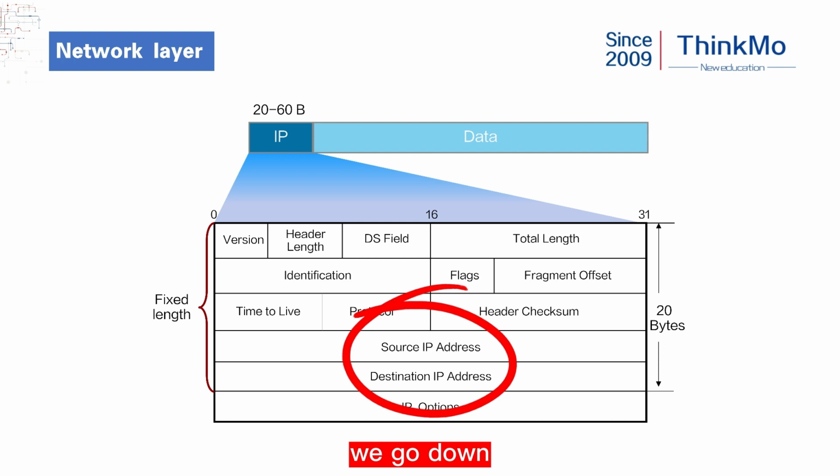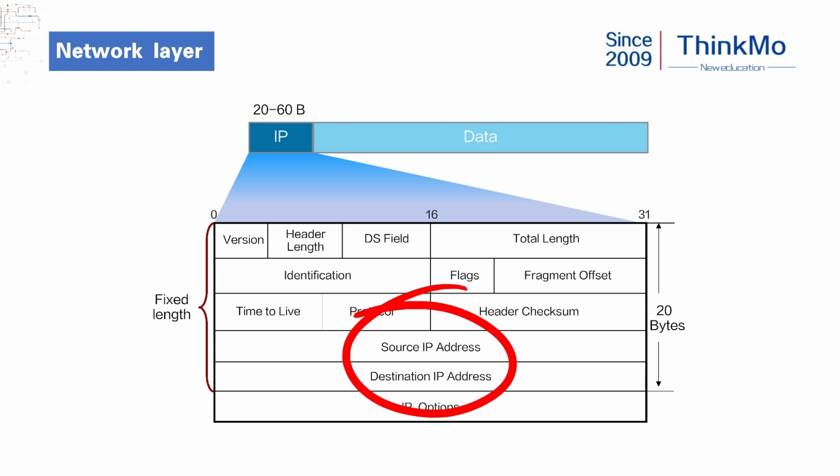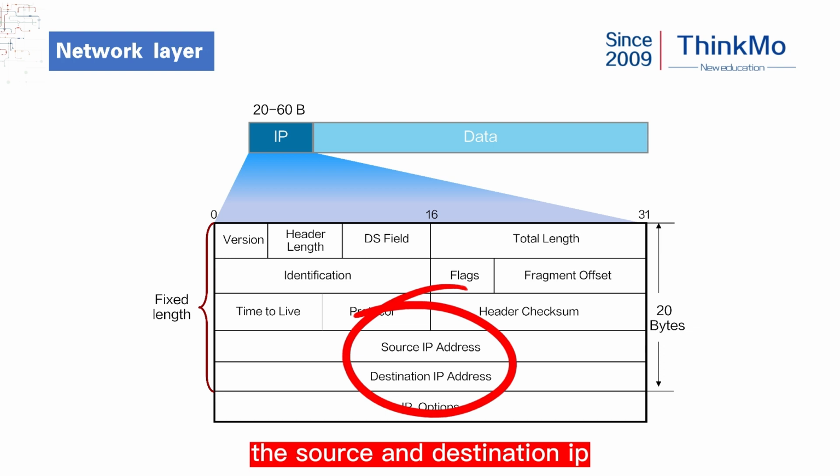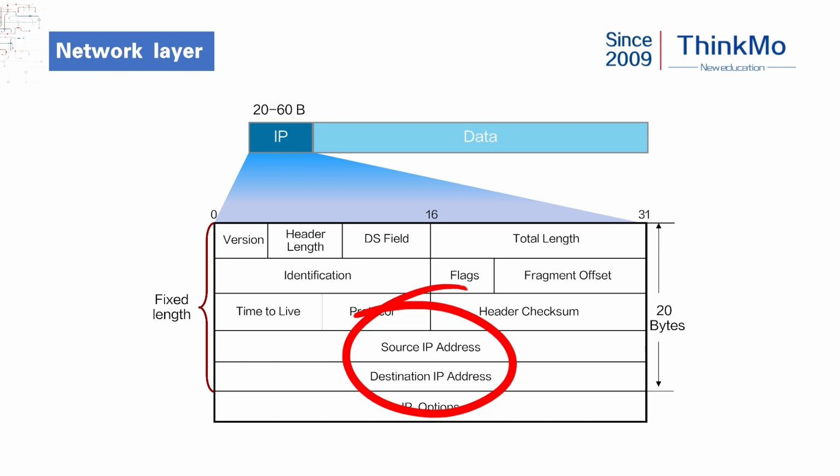We go down. Not to mention this option, because basically we can't see it. Unuseful. Including learning IE stage. We rarely use this option. In the future, the source and destination IP will be the time when the data is sent. My IP and peer IP.